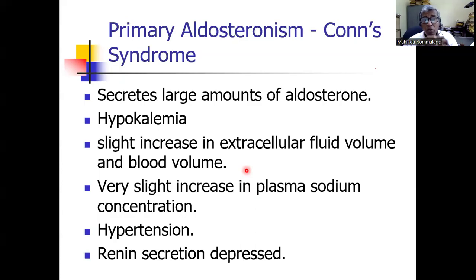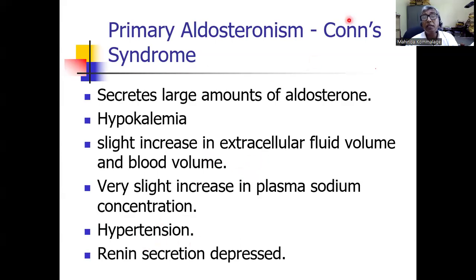If total blood volume increases, what can happen? What is the next consequence? What will happen to the pressure if the volume increases? Pressure increases, blood pressure increases, hypertension. Yes, so they will get hypertension.